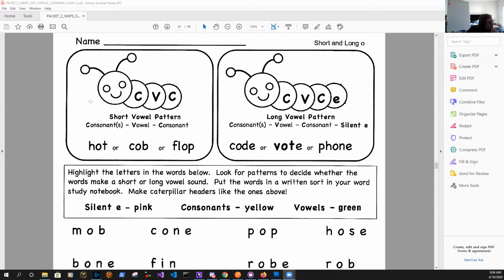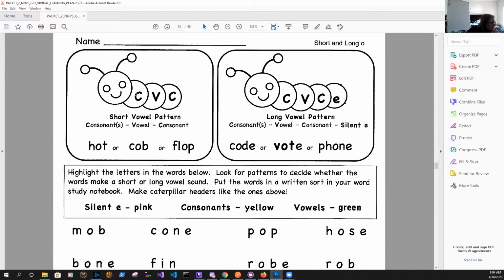Remember, what we're looking at is the short vowel pattern, which is CVC, or consonant vowel consonant, like the word hot. H is a consonant, O is a vowel, T is a consonant. Same thing with cob and flop.